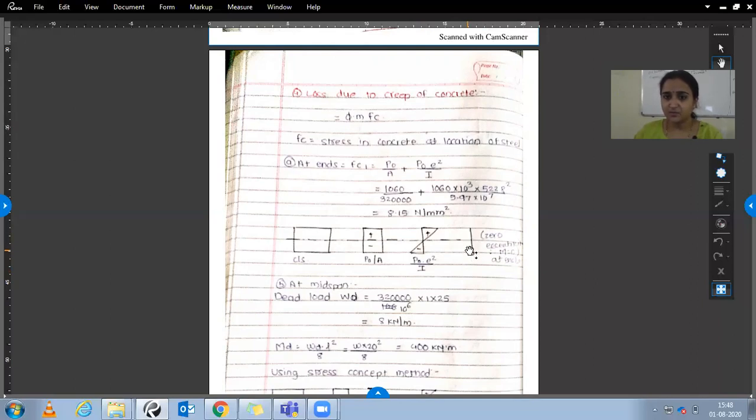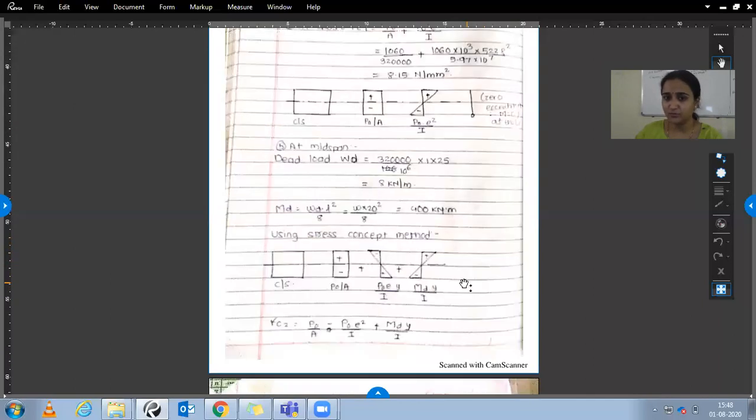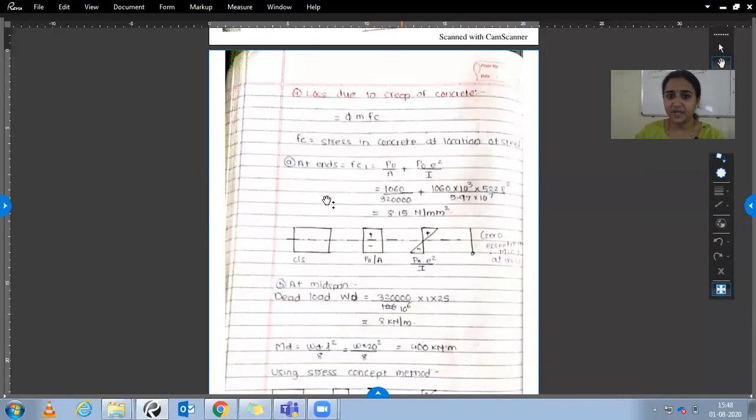Because of the moment part we consider, but there is zero eccentricity at the end, that's why we cannot take that value. So we have taken this moment part here. So here only P0 by A and P0 e square upon I. This is the stress distribution diagram, and we will get Fc1 at the end as 8.15 Newton per mm square.